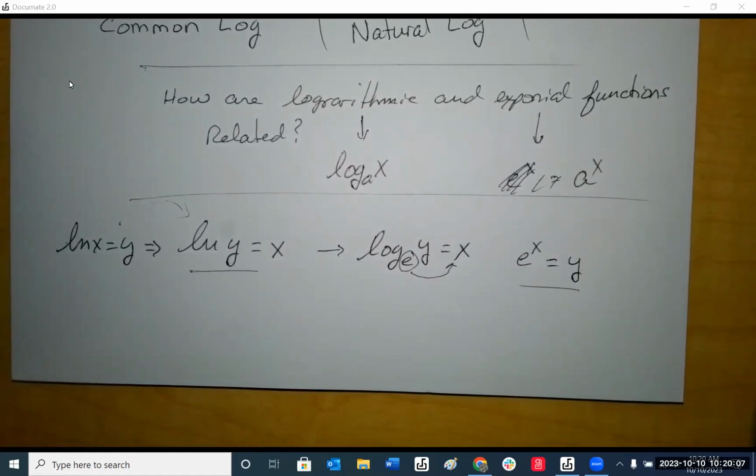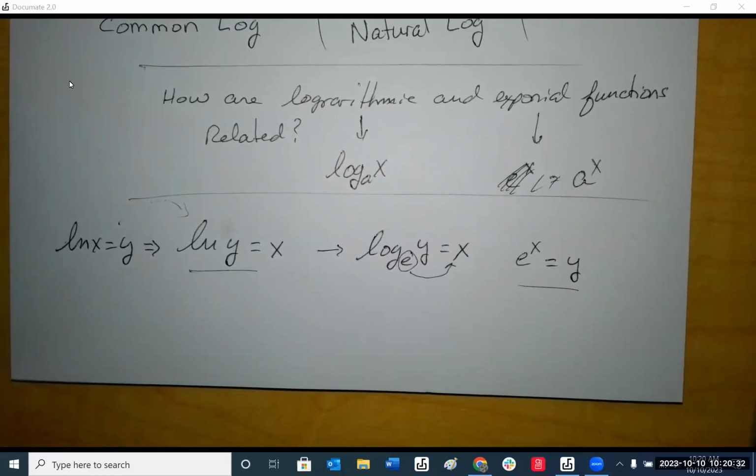In other words, they cancel each other out. The property of inverse functions is that if you take a composite function of a function and its inverse, the answer should be x. And in calculus, as you've seen, most of the time we only use ln x because it's easy to write.